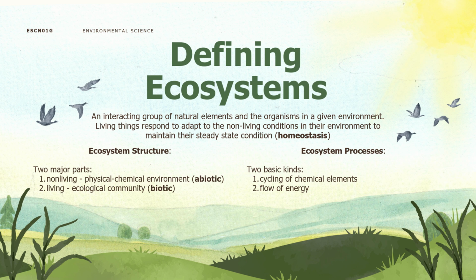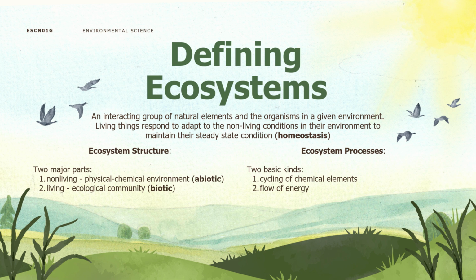Energy in an ecosystem cannot flow if there are no biotic or abiotic components that facilitate the flow of energy. The most common example of a mechanism of flow of energy is that of the food chain and food web.